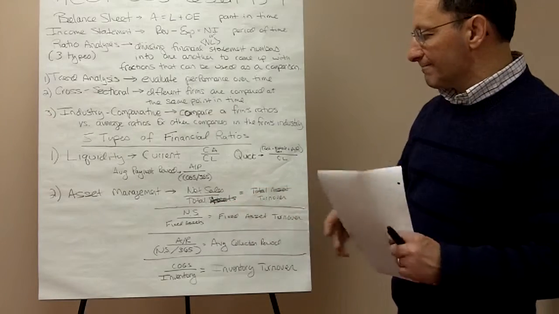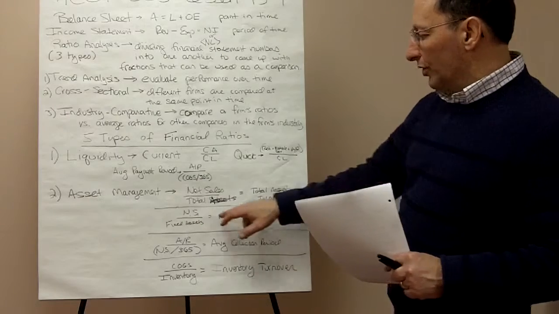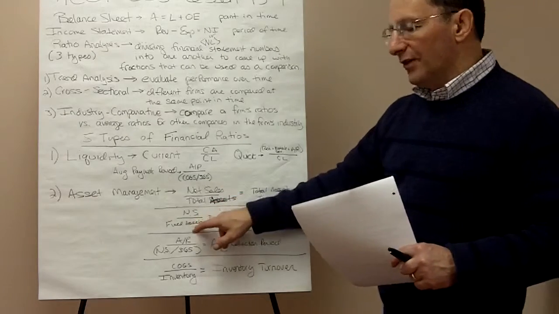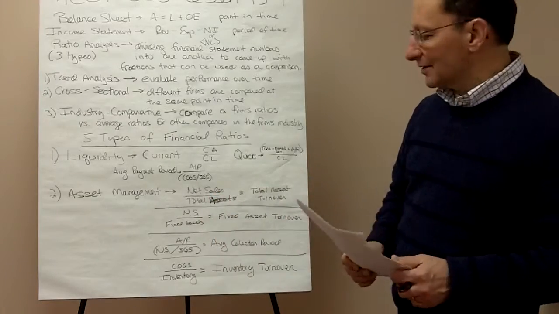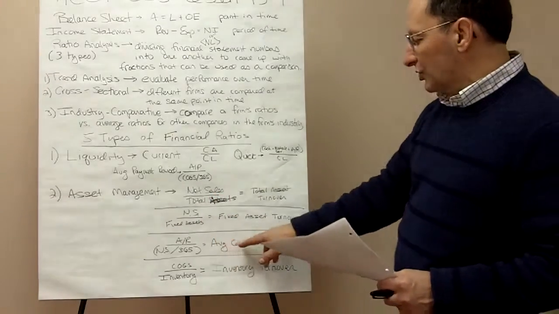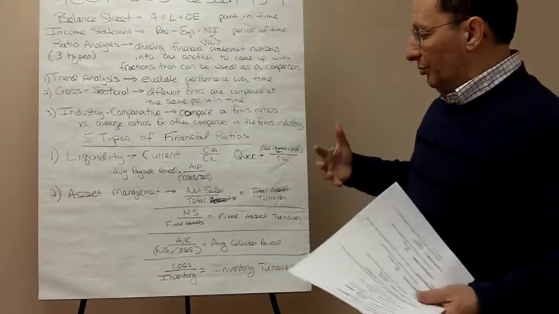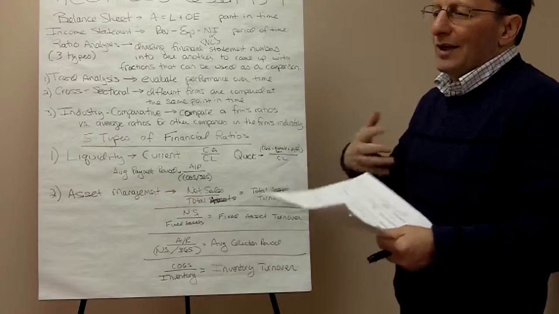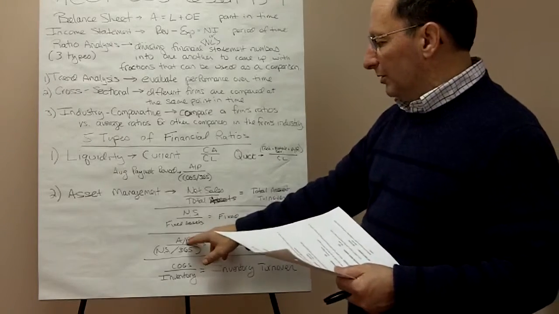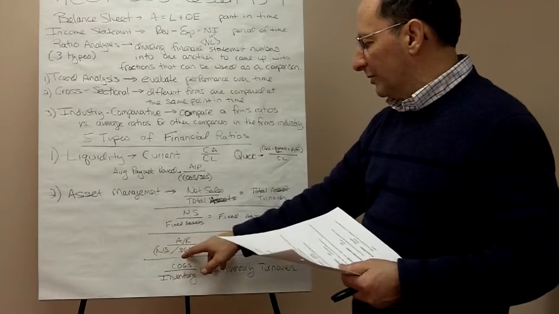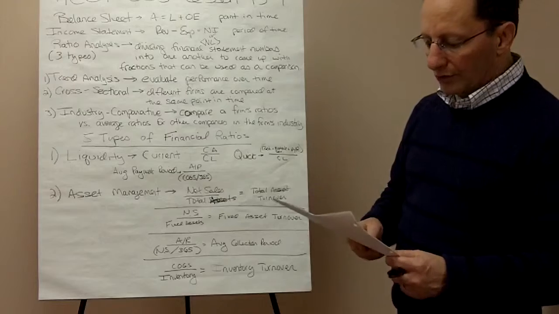We have our fixed asset turnover ratio, which is our net sales divided by our fixed assets, a component of our total assets. We also have our average collection period. If you're using your assets appropriately, you try not to make it too long to collect your receivables. Accounts receivable divided by your net sales divided by 365 gives the number of days to collect your accounts receivable.